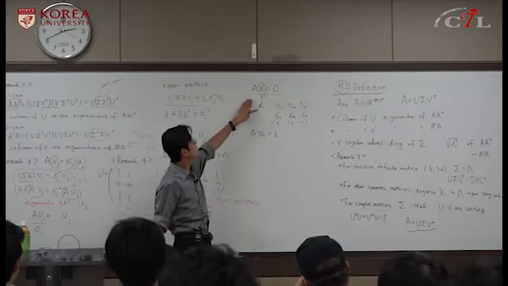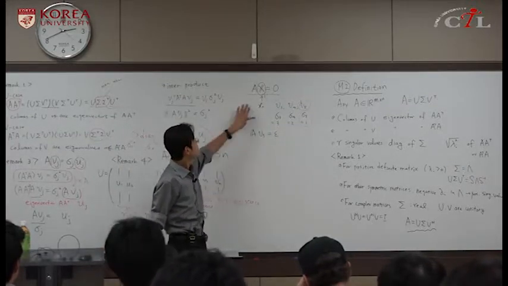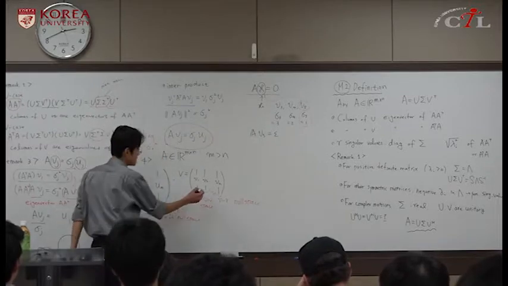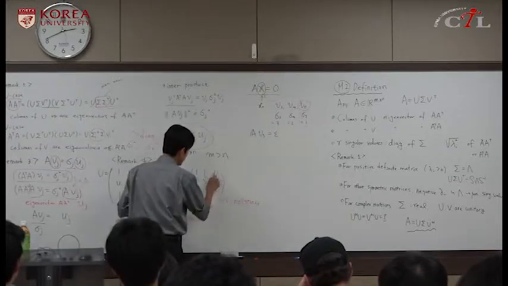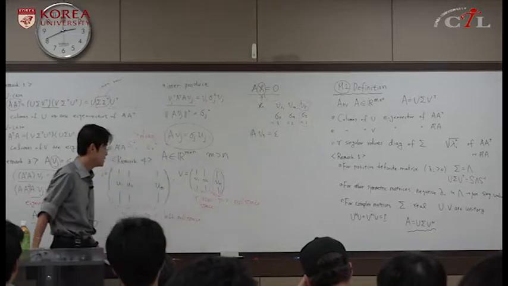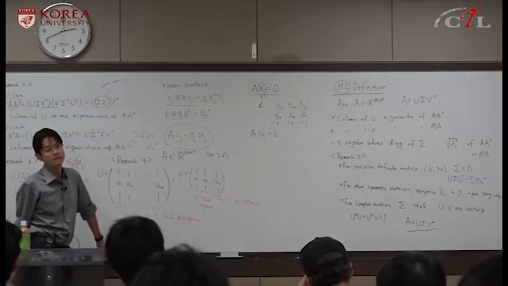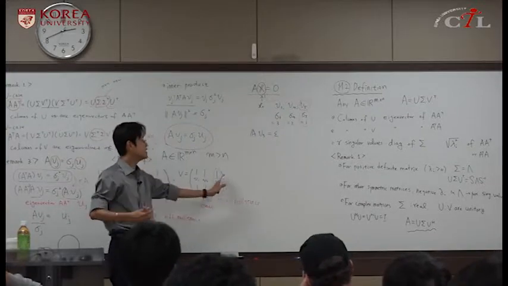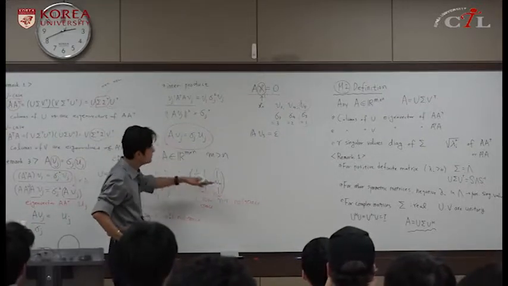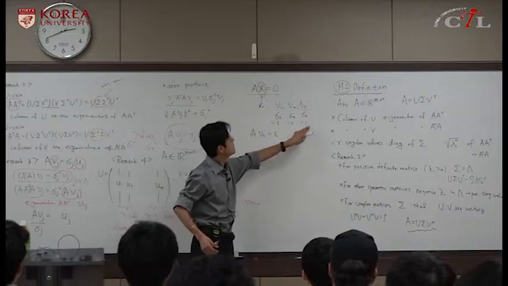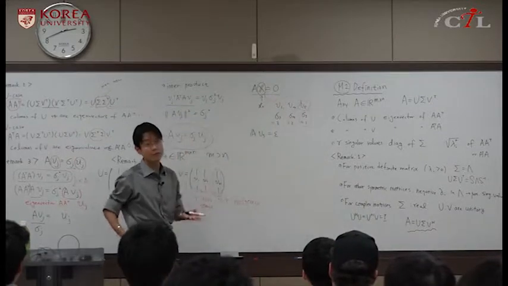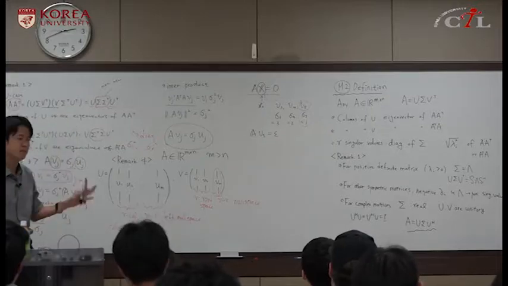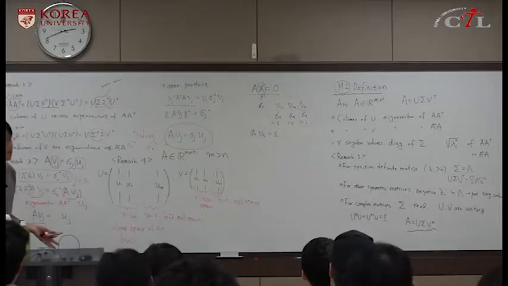So although there's no exact X, it can be optimized by using V5, the last column of V, because the last column is one of the null space bases, and if we order the singular values in decreasing order, then the last column gives the minimum value. So it could be very useful in minimization or optimization or whatever.